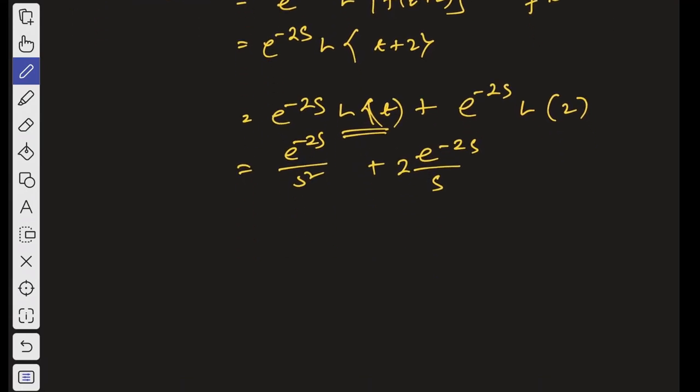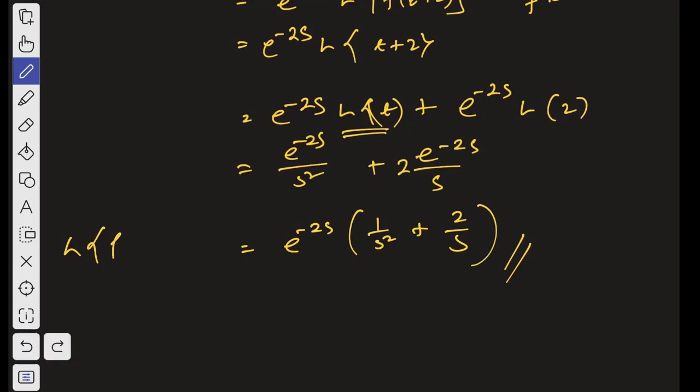So this is your result, and you can take e to the power minus twice s as common, then our result will be e to the power minus twice s times 1 by s square plus 2 by s. So this is our result. That's what Laplace transformation of t into u2 of t, right? So this is the Laplace transformation.